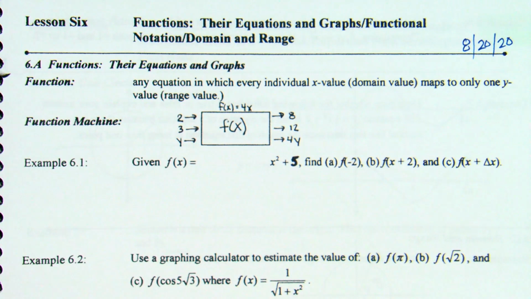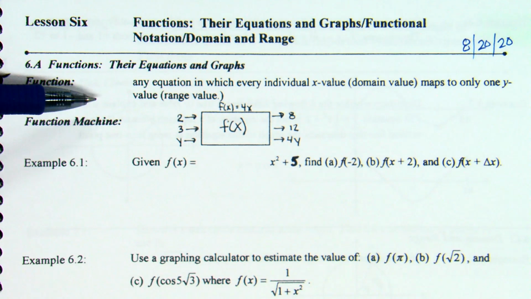If you're looking at a list of ordered pairs, each x value maps exactly to one y value, right? So, the wording here is any equation in which every individual x value, or in other words, domain value, maps to only one y value or range value. So there's also a reminder that domain is x, range is y.